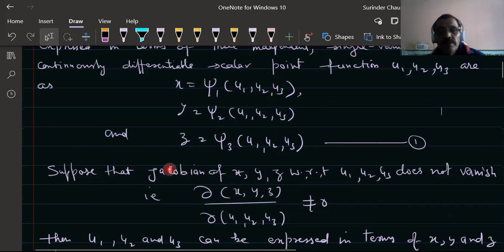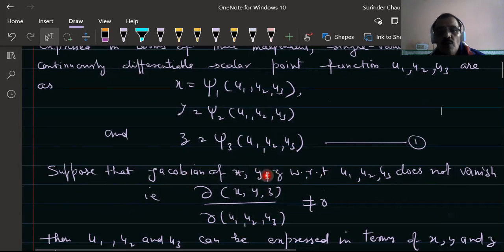Suppose that the Jacobian of x, y, z with respect to u1, u2, u3 does not vanish. If the Wronskian does not vanish, this means they are linearly independent.